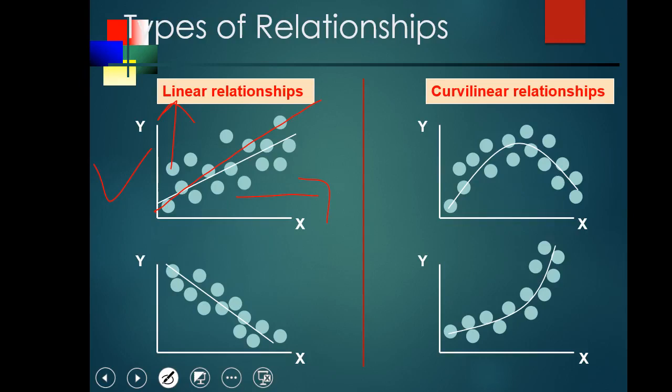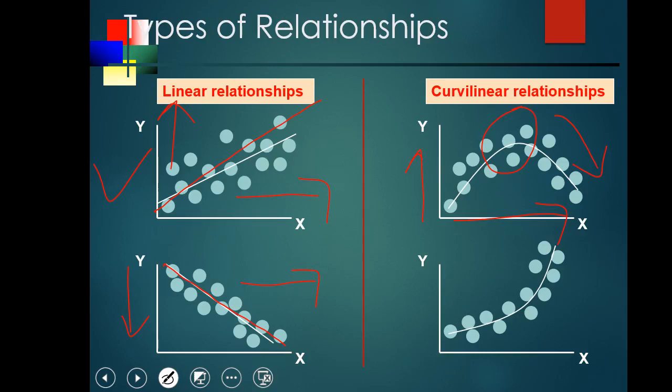Now if the value of x is increasing and, in the same pattern, the value of y is decreasing, that relationship is also linear, but it is a negative linear relationship. Now we have another example where the value of x increases and y also increases, but at a certain point an increase in x causes a reduction in the value of y.